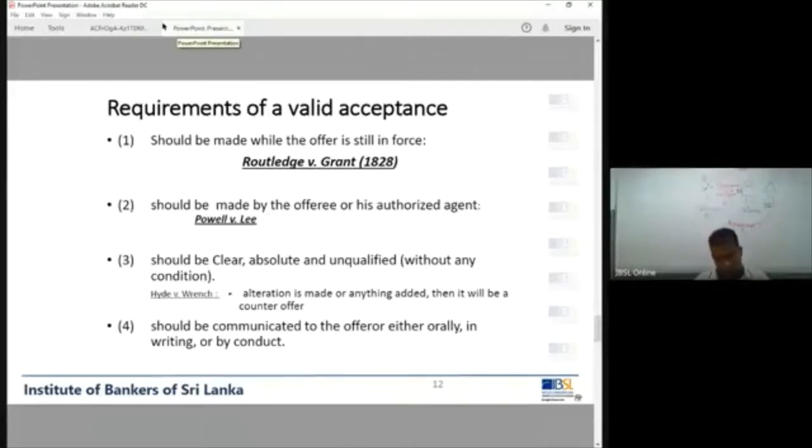So yes, it has to be communicated to the offeror. Otherwise, as you said, the offeror doesn't know whether that person is the authorized agent or not. So when the offeree appoints an agent on his behalf, he has to communicate to the offeror that he has appointed an agent.